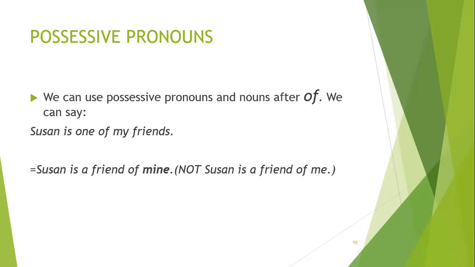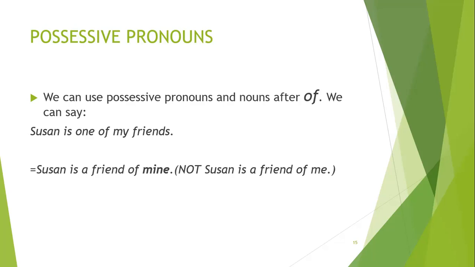We can use the possessive pronouns and nouns after of. So in that case, you have something like Susan is one of my friends. Here you don't have any possessive pronoun, but you can say Susan is a friend of mine. That is another way you can use the possessive after of. Here it's replacing the noun phrase my friend.